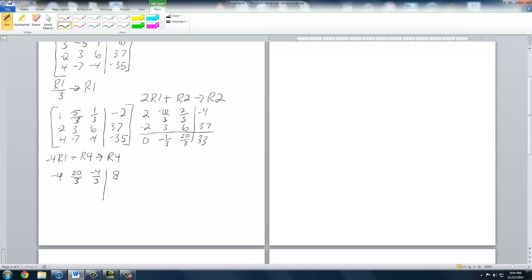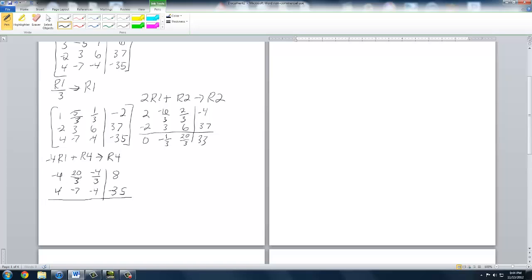And 8. And then we copy row 3 down. 4, negative 7, negative 4, and negative 35. My 4s aren't going in. Okay, negative 4, negative 4, negative 7, negative 4, negative 35.